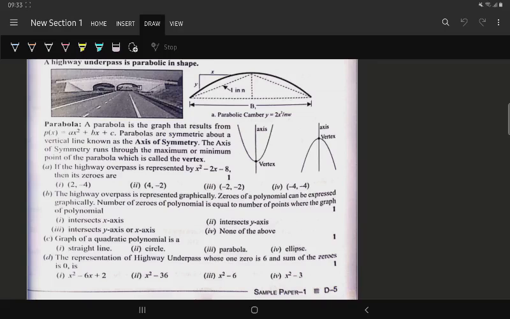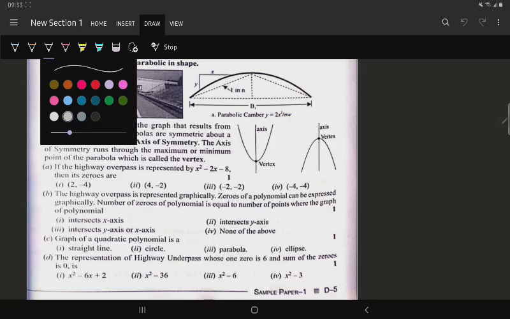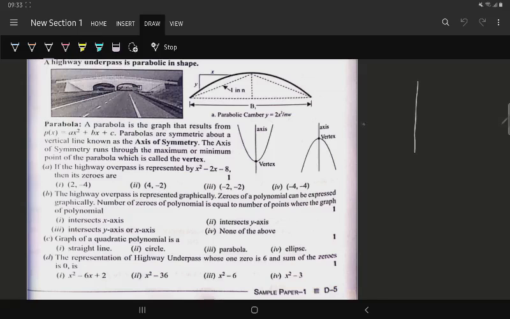Here is a question: a highway underpass is parabolic in shape. Parabola means any quadratic equation. If I plot it on the xy axis, with x dash, y dash and y, we get a parabola. The general equation of this parabola will be ax square plus bx plus c equals 0.